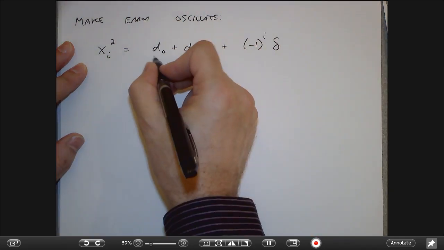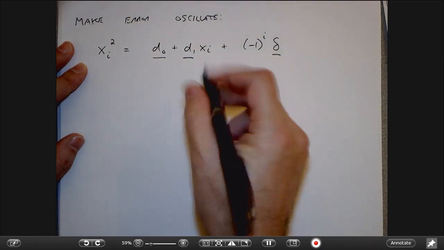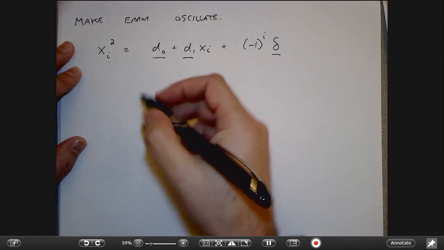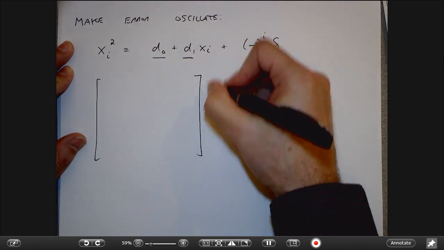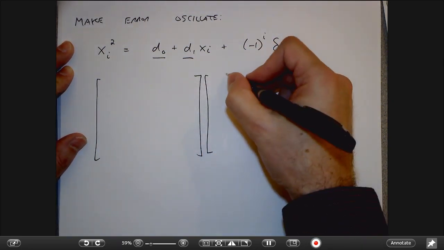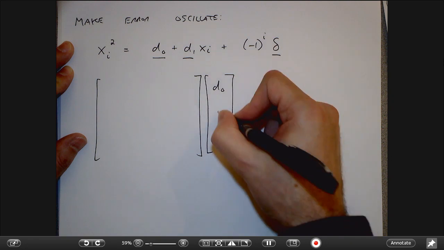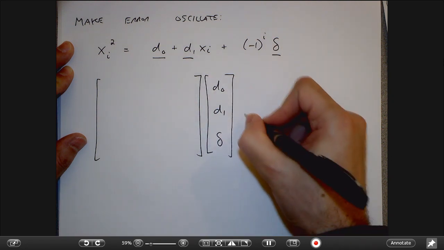I don't know this, I don't know this, I don't know this, but I do know the xi's. And so that turns into a linear system that says, you know, here's what I don't know.